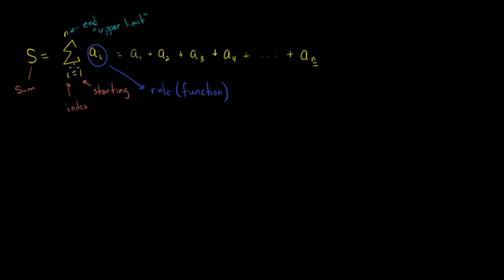I start off with 1, and I take this 1 and plug it in there, and so we get a sub 1. Then I take the next number, which is 2, and plug it in there again, and I get a sub 2. I keep doing that, and then I get a sub 3, and then a sub 4, and I go all the way until I get to my upper limit.